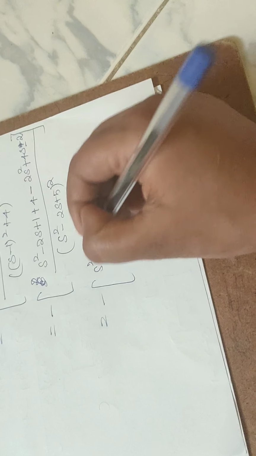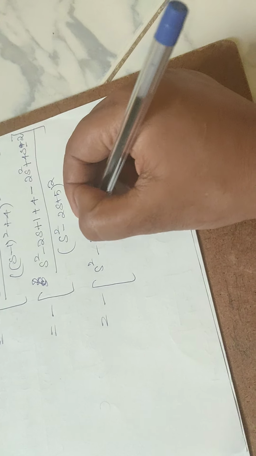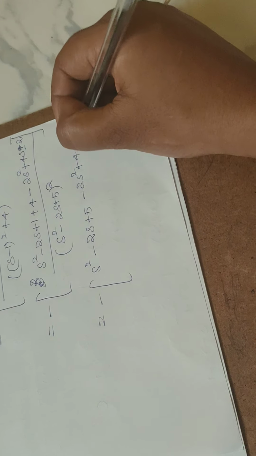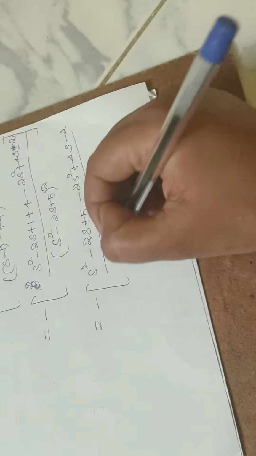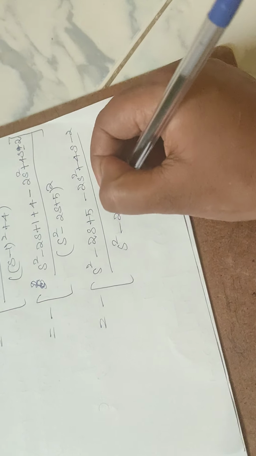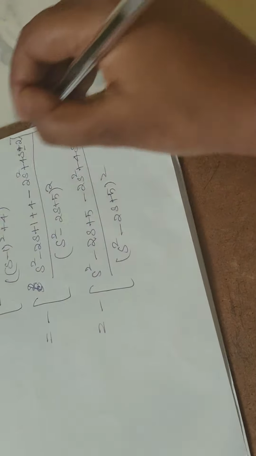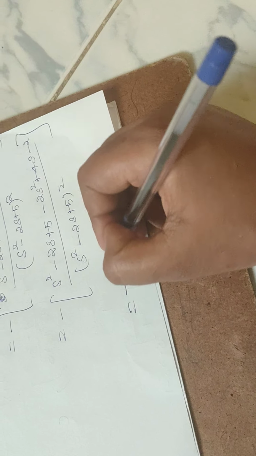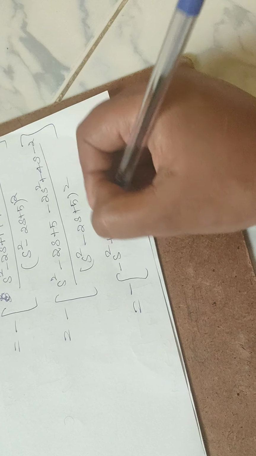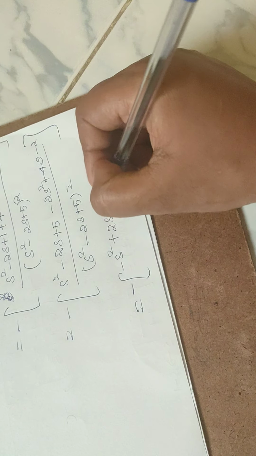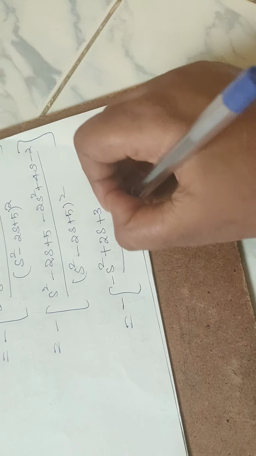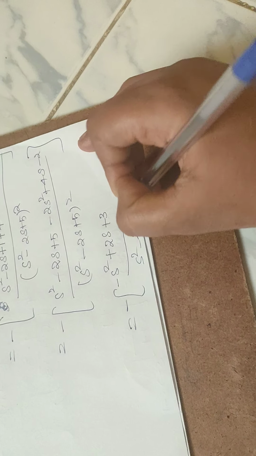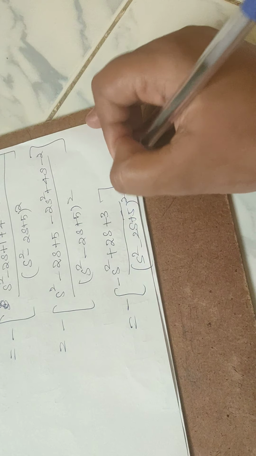So s square minus 2s plus 5 minus 2s square plus 4s minus 2 divided by s square minus 2s plus 5 whole square. You can simplify this easily. So minus of minus s square plus 2s plus 3 divided by s square minus 2s plus 5 the whole square. So this is the final answer.